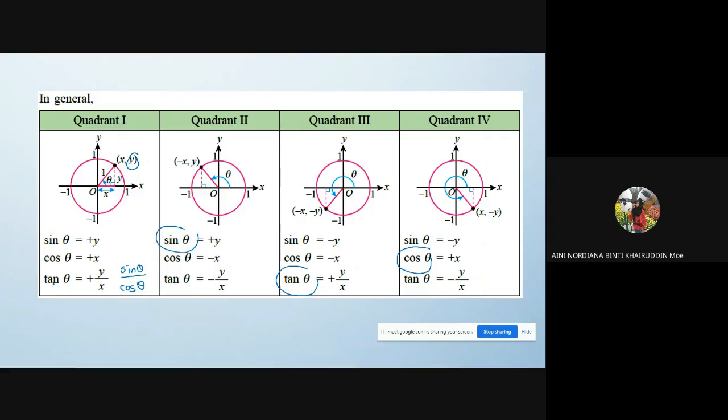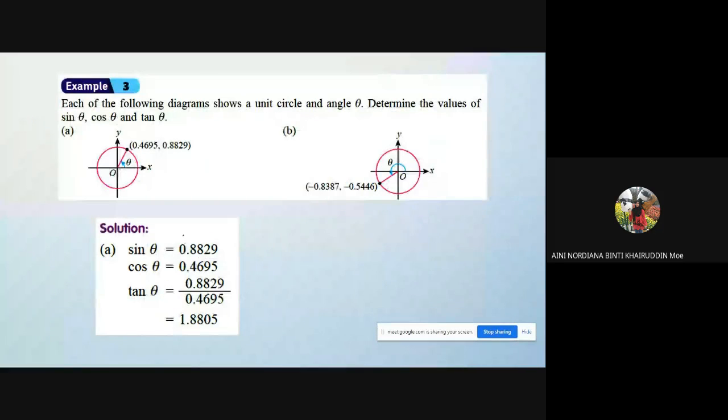Ataupun masa form 3 kan dah belajar tangent is TOA. So this is theta, TOA opposite over adjacent, opposite is Y, adjacent is X. So Y tu adalah value for sine. So sine theta adalah value Y. Cos theta value X. Tangent theta, ambil sine theta over cos theta.